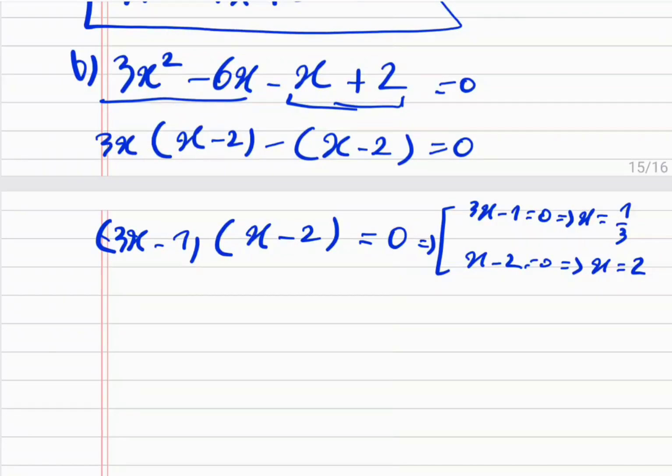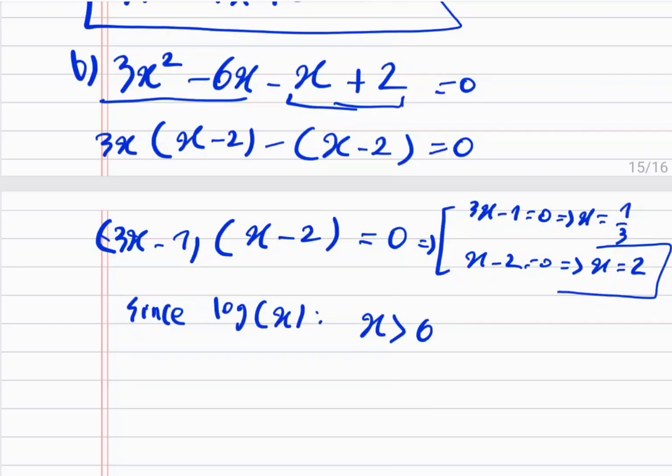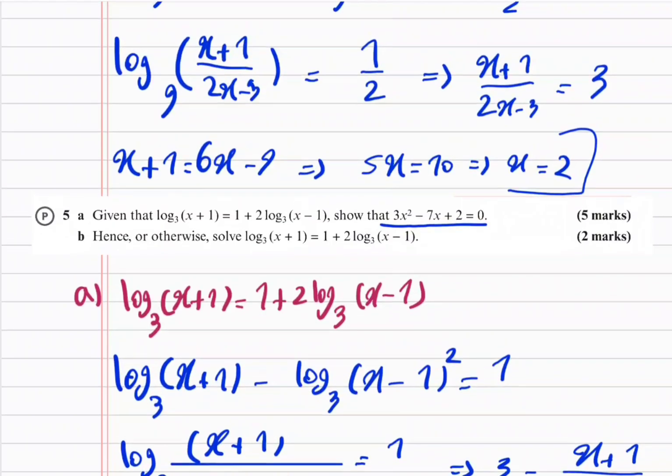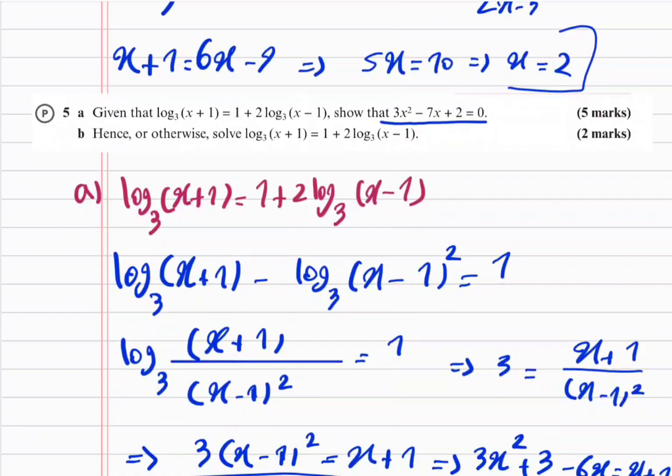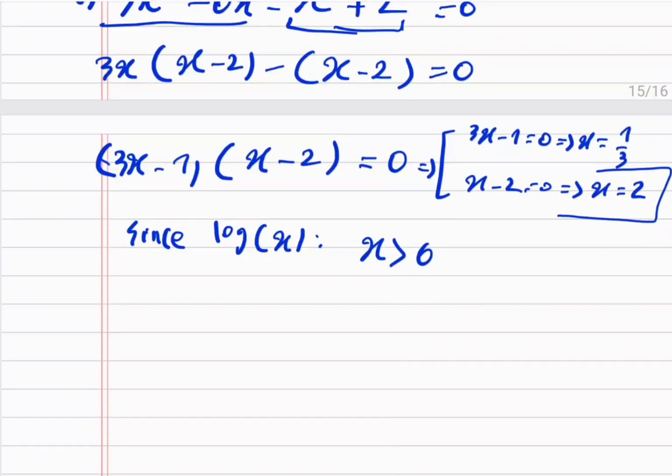We only accept the other solution, since the input of a log always has to be positive. If we pick this value, then we'll have log of x minus 1, and 1 over 3 minus 1 is not positive. So the only solution is x is equal to 2.